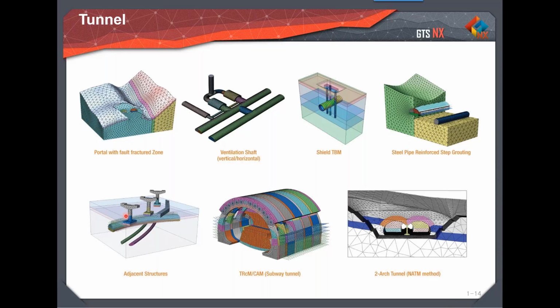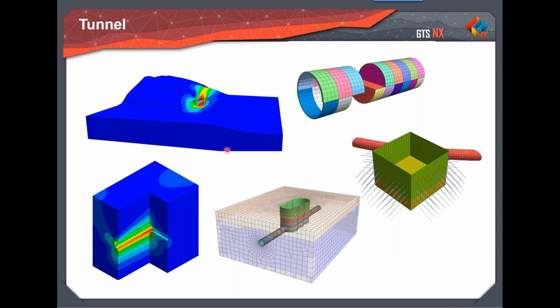And if you do not have any structural model ready, you can simply model the structure, the piers or the deck, using all the structural tools that we have in GTS NX as well. You can use beam elements, or you can go for solid elements. All such things can easily be simulated. So these are some of the results that you get.